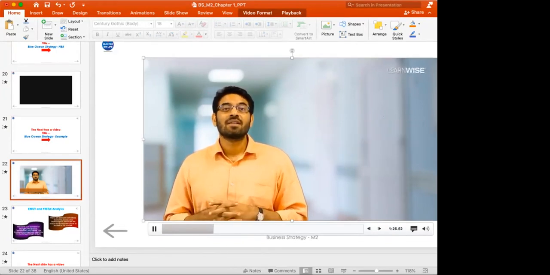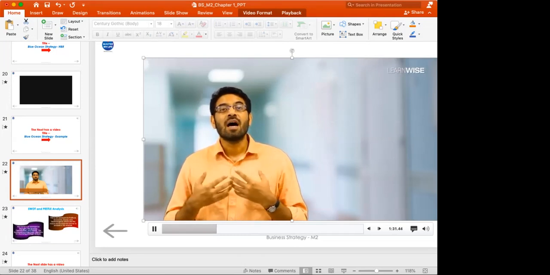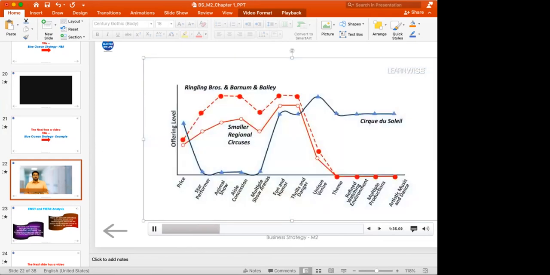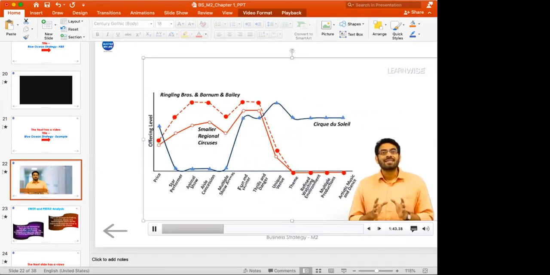Let's plot the strategy canvas and apply the 4-action framework for Cirque Du Soleil to see how exactly this magic was done. The competitors were Ringling Brothers, Barnum and Bailey, and other regional circuses. The x-axis shows the various benefits to the customers, such as price, star performers, multiple arenas, and so on. The red lines represent the perceived performance of the competitors for each of the benefits.